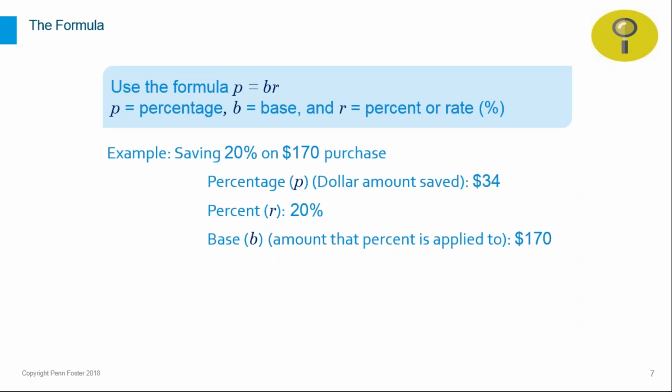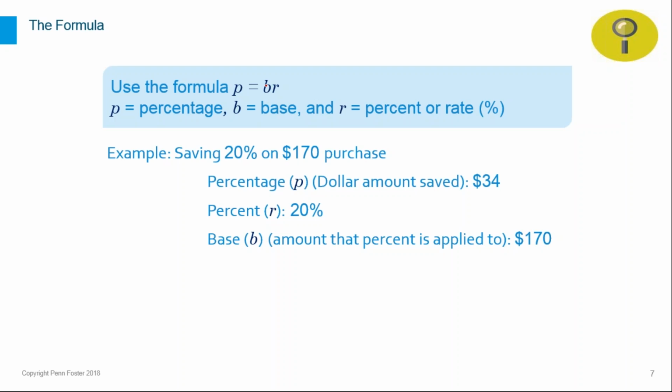The R here is the rate, which is the percent, the 20%, 25% is the R, the rate. And the base is the amount of money or time or amount of work, the total amount of work that this percent is applied to. So if you go to a store and you're trying to buy a dress for $100, that is the original price, and you have a 20% off.